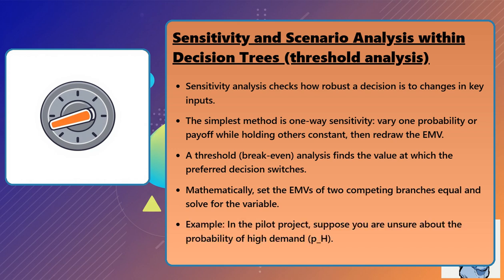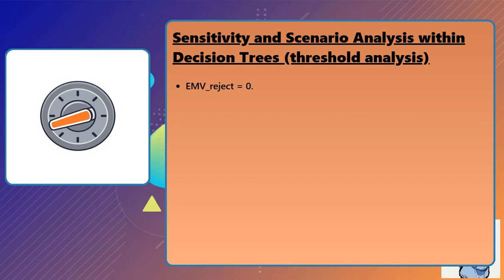Example: in the pilot project, suppose you are unsure about the probability of high demand, pH. EMV invest equals pH times 150,000 plus (1 minus pH) times 20,000. EMV reject equals 0.